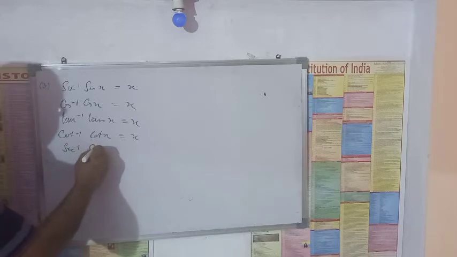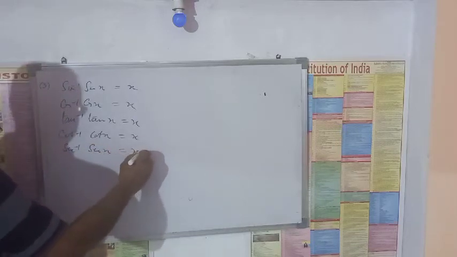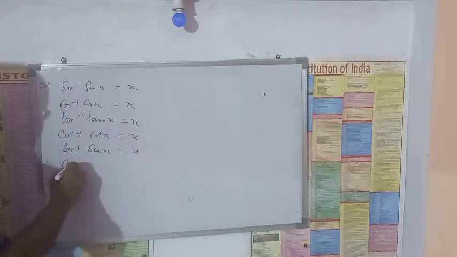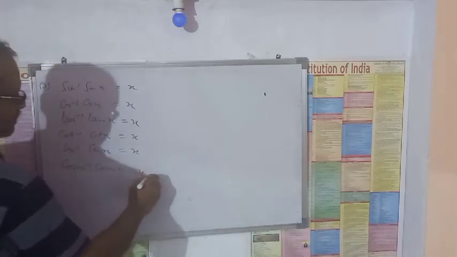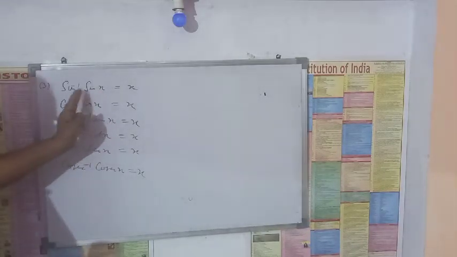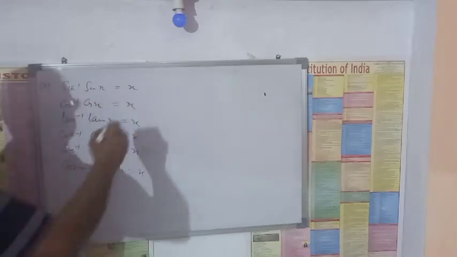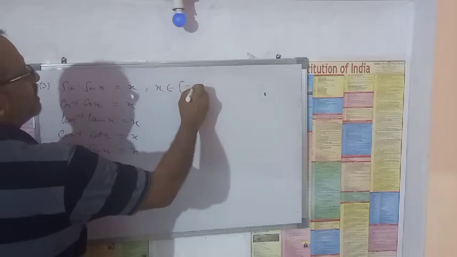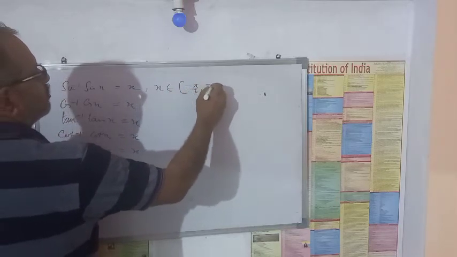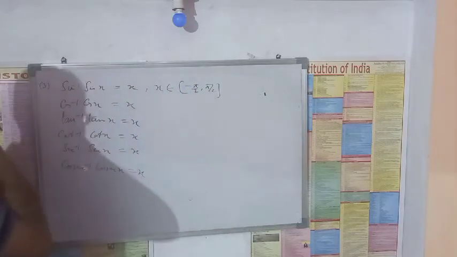Sec inverse sec x is equal to x. And cosec inverse cosec x is also equal to x. So sin inverse sin x is equal to x. Here x will lie in this interval minus pi by 2 to pi by 2.